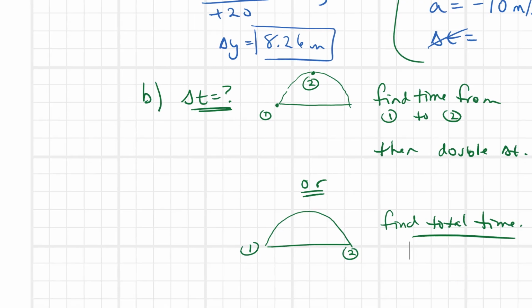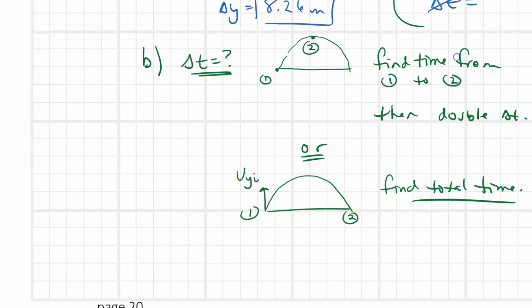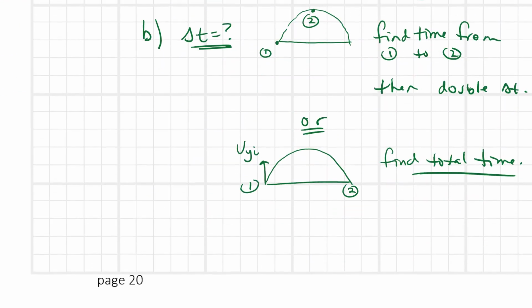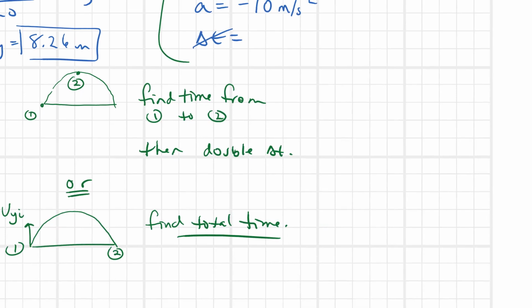So the key here is that we had our Vy initial. Looking at our diagram kind of reminds us that this initial going upwards is going to be the same thing as that final one going downwards, except it's downwards. Okay, so here if our Vyi, I'm running out of space, maybe I'll work over here.